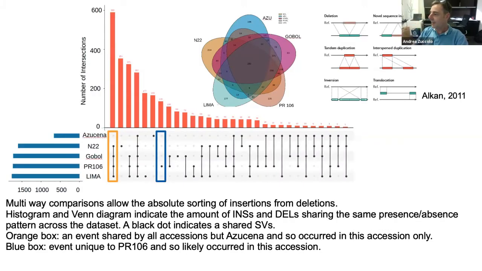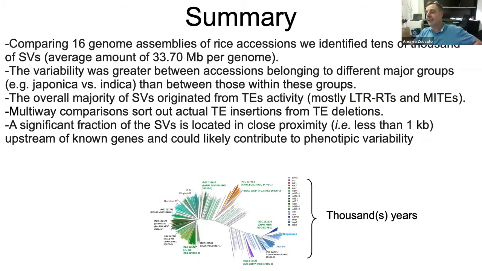I think I can skip this slide. Basically, comparing 16 genomes, we were able to identify tens of thousands of structural variants with an average amount of 33.7 megabases per genome. The variability was greater between accessions that belong to far apart subgroups, as you can expect.